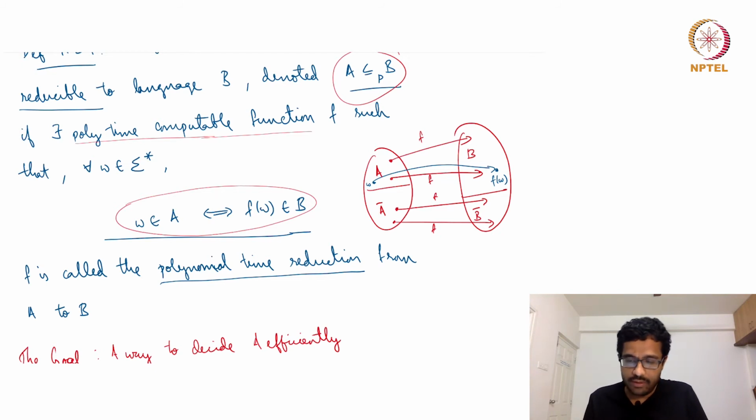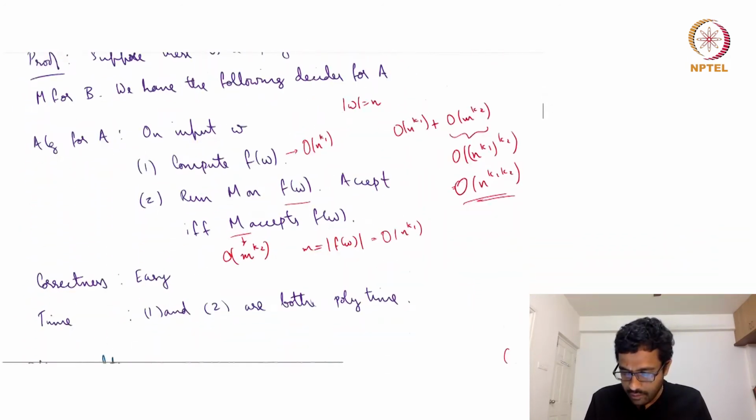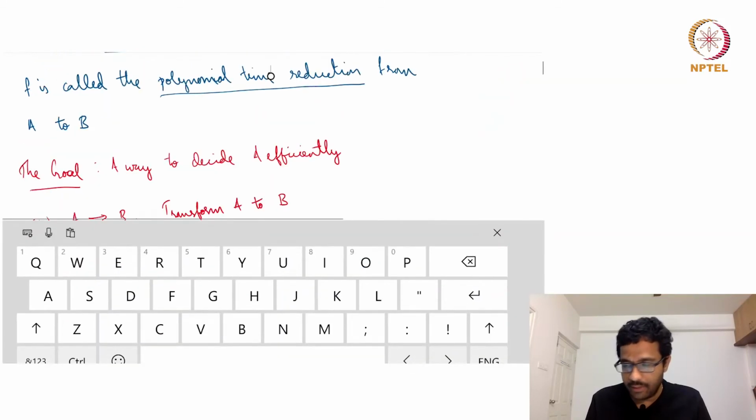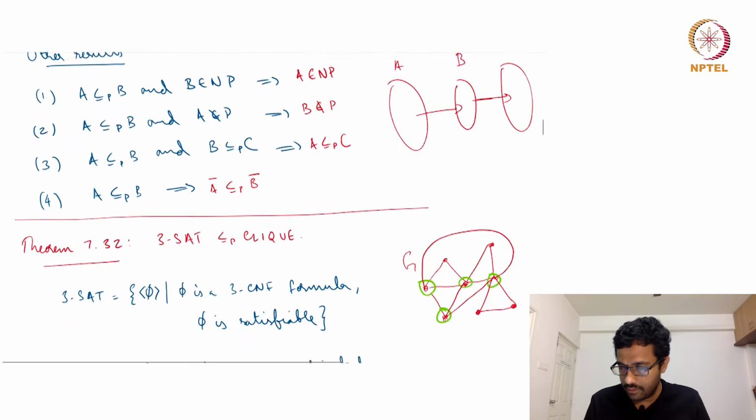So now we will just say W is in A complement if and only if f of W is in B complement, but that is logically equivalent to saying W is in A if and only if f of W is in B. Hence, if A reduces to B, equivalently we could say A complement reduces to B complement.